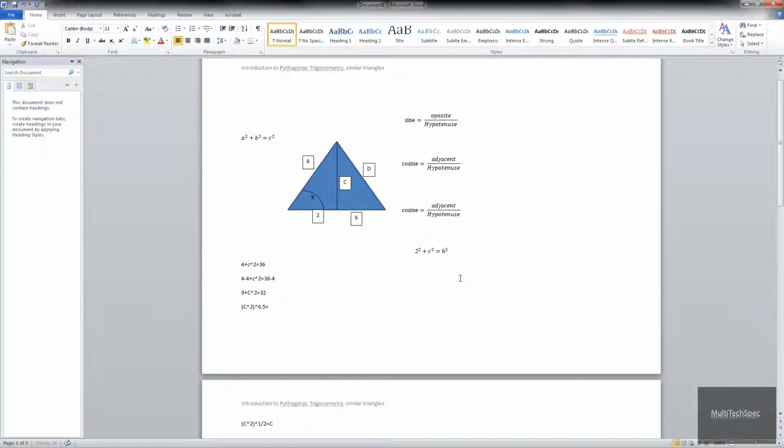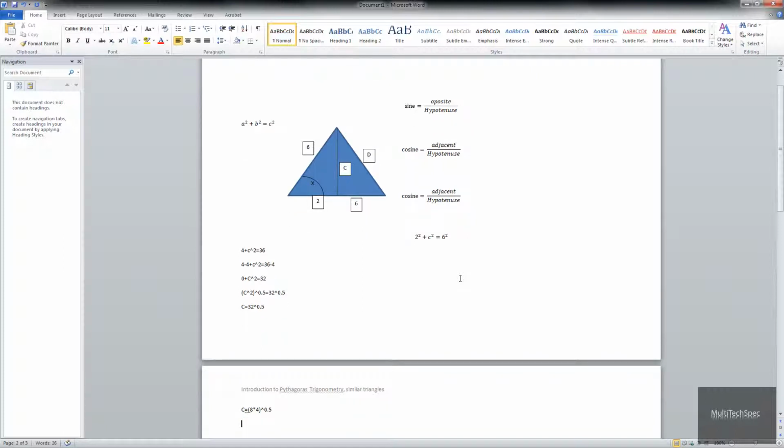is equal to 32 to the power of a half. So that gives us c is equal to 32 to the power of a half, which equals the root of 32, which is 8 times 4, to the power 0.5.